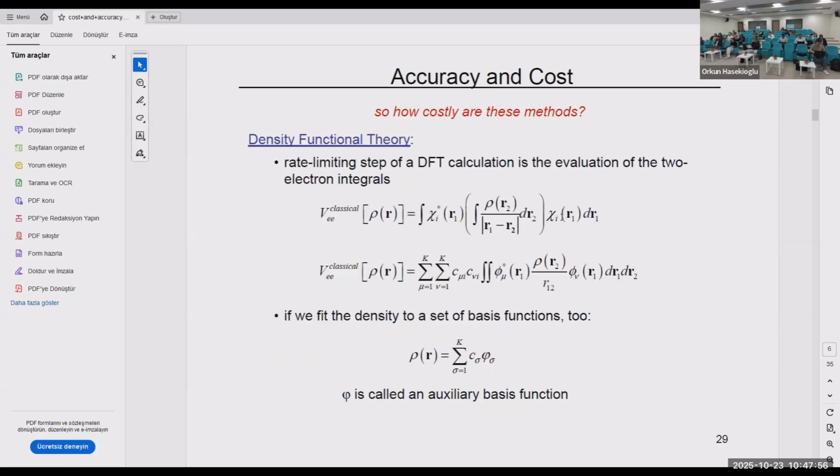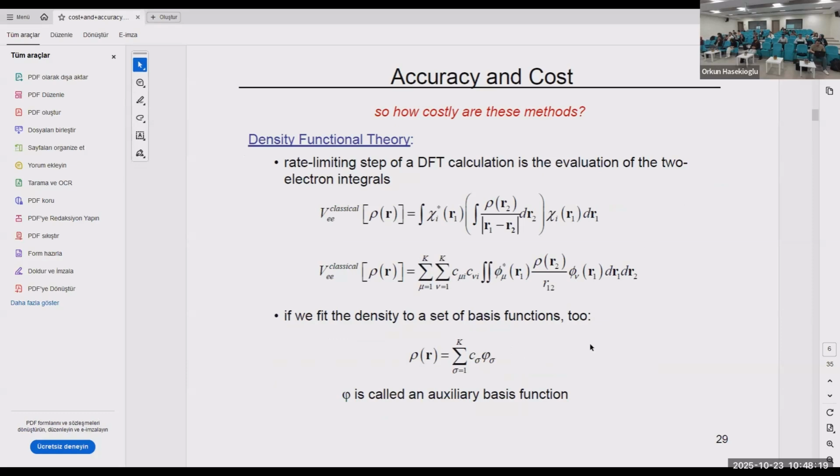When it comes to density functional theory, the rate limiting step of a DFT calculation is the evaluation of the two electron integrals, as you can see from these equations, and we had that yesterday. If we fit the density to a set of basis functions too, this also costs some time.